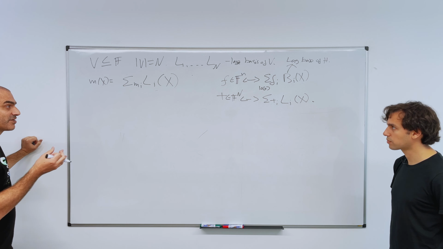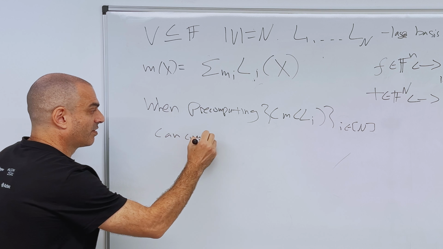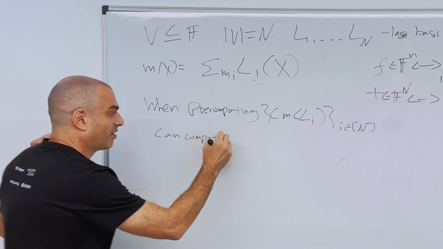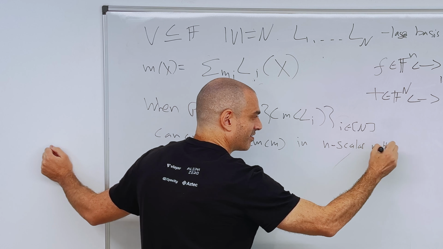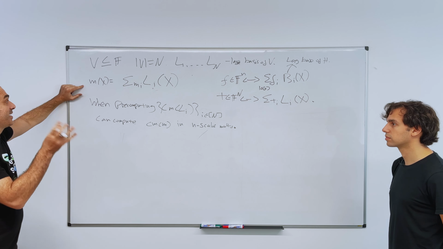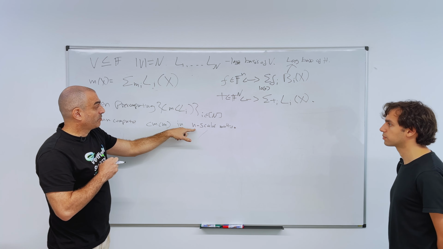So again, the point is, like we said before, when pre-computing the commitments to the L_i's, we can compute the commitment to m in little n scalar multiplications. So the first polynomial that comes up in the Logup protocol, even when the table is very large, we can compute after pre-processing with a number of scalar multiplications depending on the witness size.